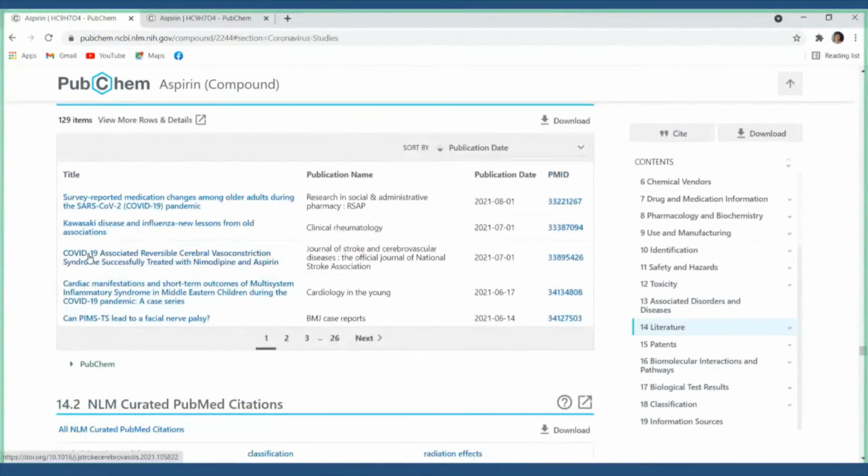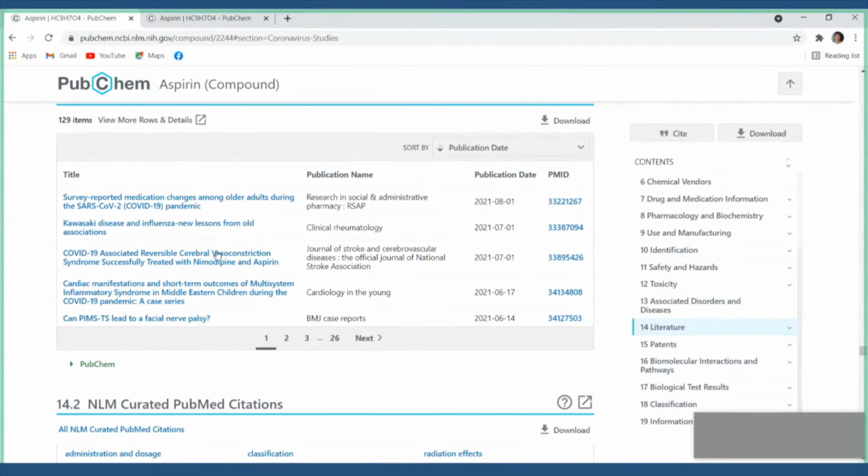And you see this one: COVID-19 associated irreversible cerebral vasoconstriction syndrome successfully treated with nimodipine and aspirin. Can you see this? Aspirin has been reported to be used for fever and pain, but from this study, there is vasoconstriction in people with SARS-CoV-2, and they tried aspirin on them and observed that aspirin can reverse this constriction.